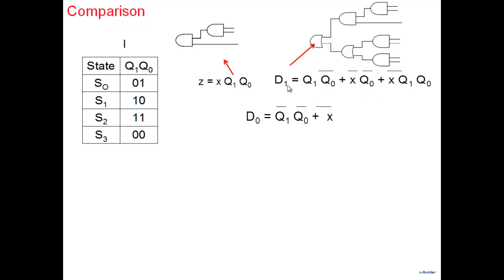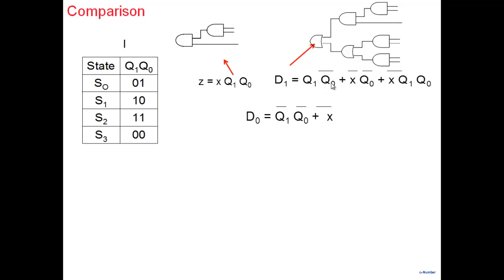So we can see the cost of implementing this is 1, 2, 3, 4, 5, 6. So 6 2-input gates, which is also the same as counting how many operations we have to do here. So there is one AND here, 1 or 2, and here 3 or 4, and here 5, and here 6. So 6 operations are required to compute D1.